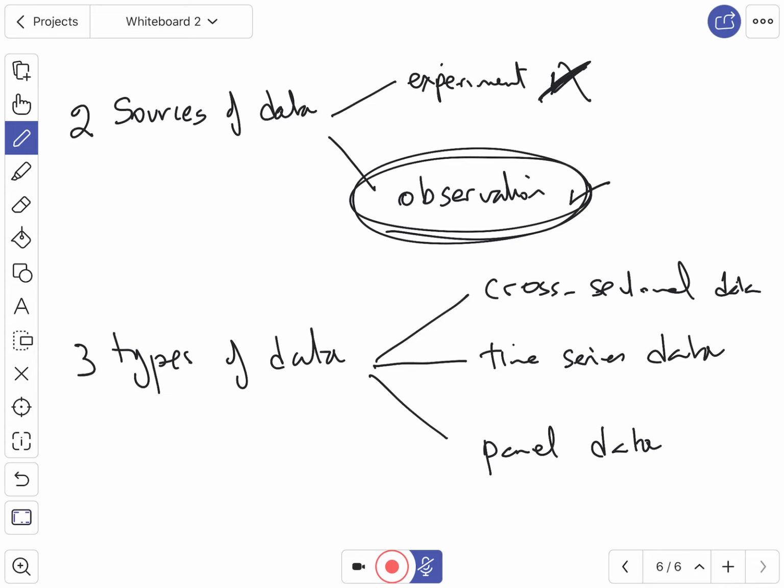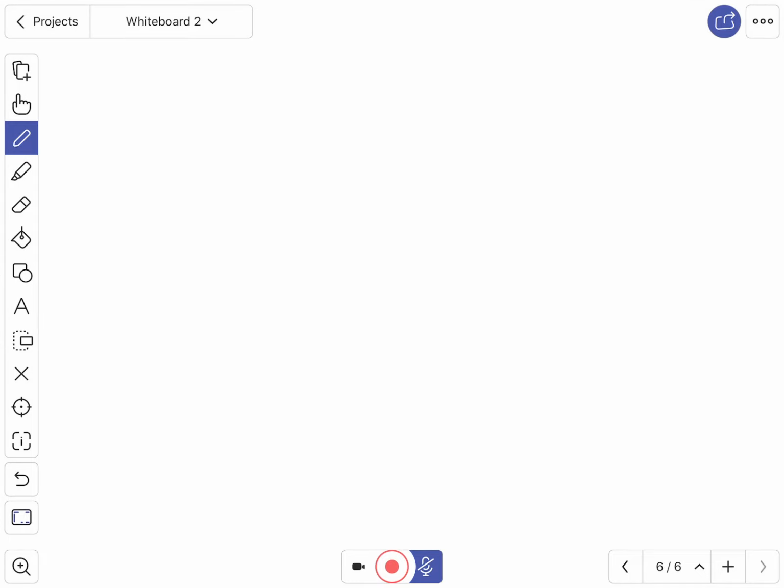For cross-sectional data, as the name suggests, you are talking about multiple entities. These entities could be countries, students, governments, households, or different cities at a certain point in time.